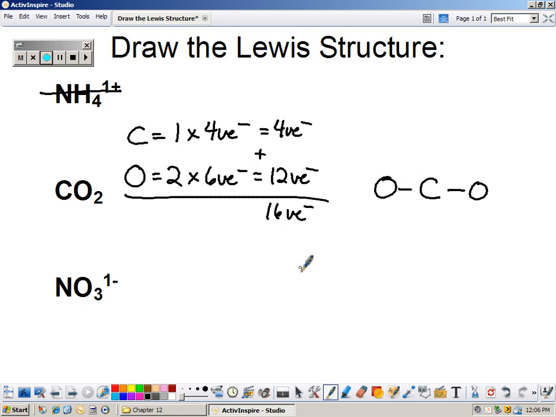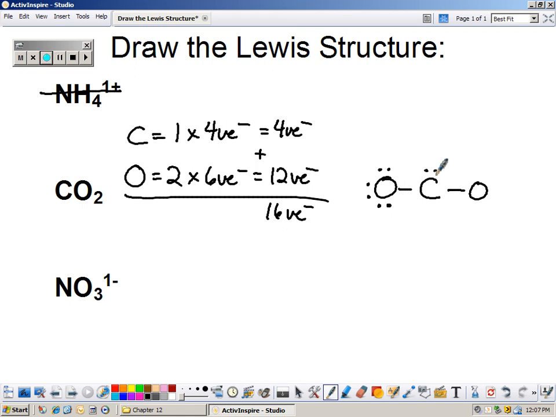Now we just have to make sure that we have an octet. All right, so I'll just start putting lone pairs around the oxygen and see what happens. So 2, 4, 6. Okay, so that oxygen now has an octet. 2, 4, 6, 8. The carbon we'll leave alone for just a minute, or let's just fill in the carbon. It doesn't really make a difference.